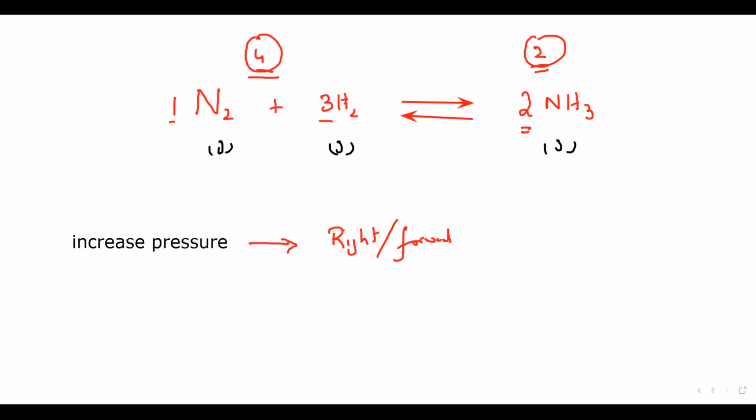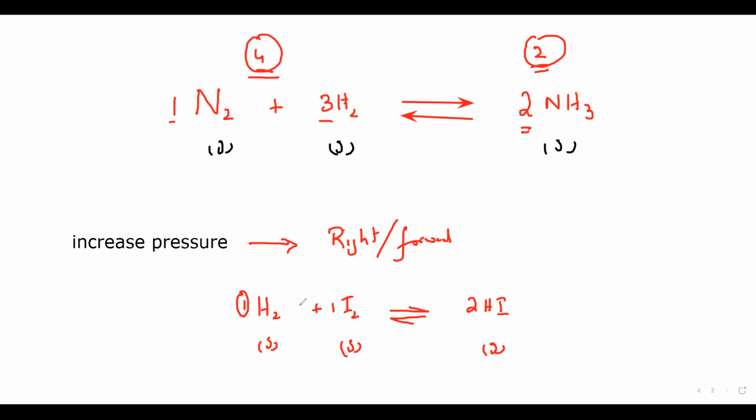In the same way, if we have another reaction, H2, hydrogen is a gas, plus I2 gives 2HI. When we check the number of particles, don't check the number at the subscript.